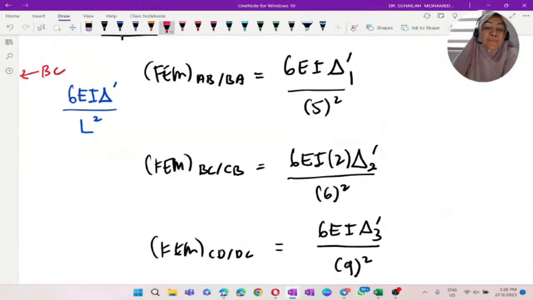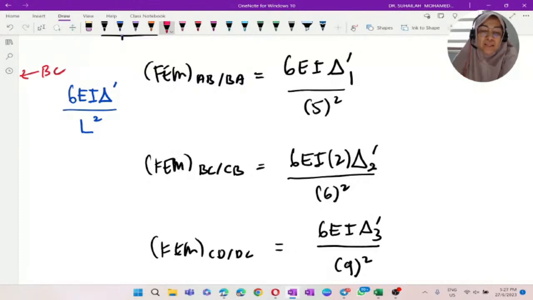Okay, don't forget, first we have to assume the FEM, because the delta is unknown. The delta is unknown, and under step 3A, we actually assume FEM. We just need to choose one member to assume the FEM, and the other two members we will calculate based on the ratio.